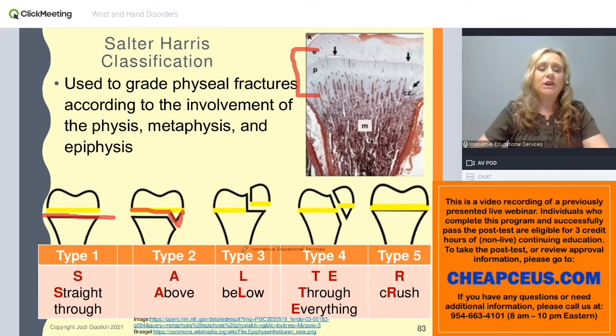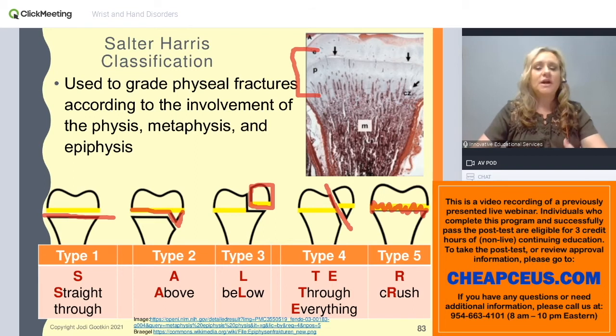L is below, and it's going to take off that whole wedge of the bone. Our type 4 is our TE of Salter, meaning through everything. So it's more of a diagonal type of fracture, and now we're looking intra-articular also. And then we have our R for crush of Salter. So depending on where the fracture is, the concern is whether or not that bone will continue to grow for the child.